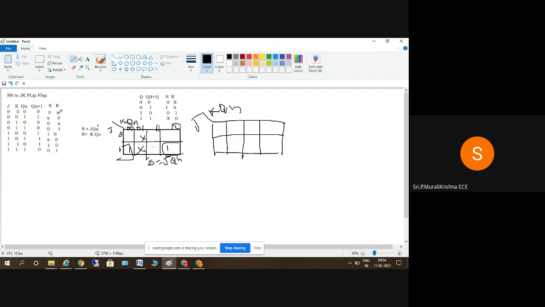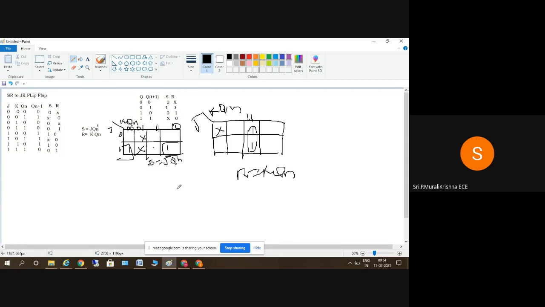So the values for R are like: don't care, 0, don't care, 1, 0, 0, 0, 1. Okay. So these two values, this is 1, 1. So 1, 1 is nothing but R is equal to K Q of N.